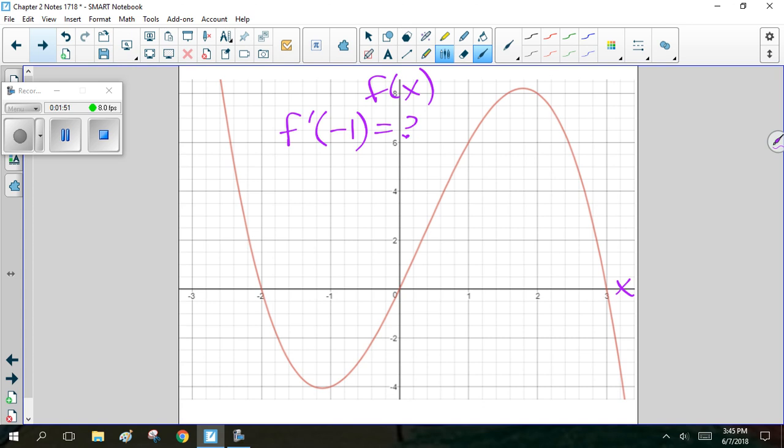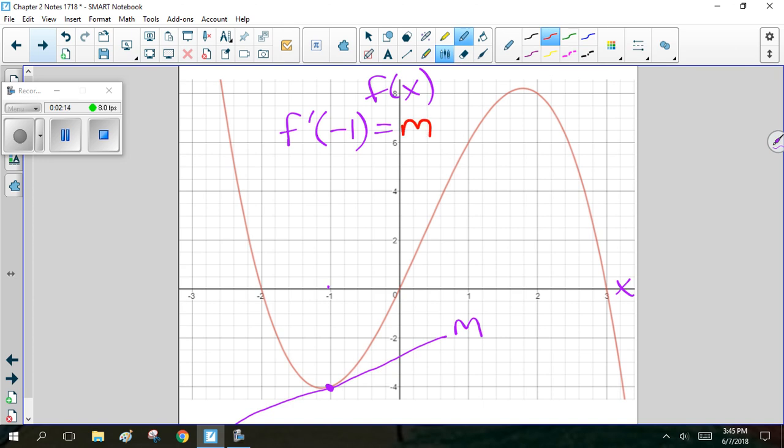So I'm going to find x equals -1. I'm going to find the point on f of x, and then I'm going to figure out what the tangent line looks like. So that a line that is tangent is going to touch that curve at exactly 1 point. So it's going to look something like this. And then I find the slope of that. That's what the value of the derivative is.